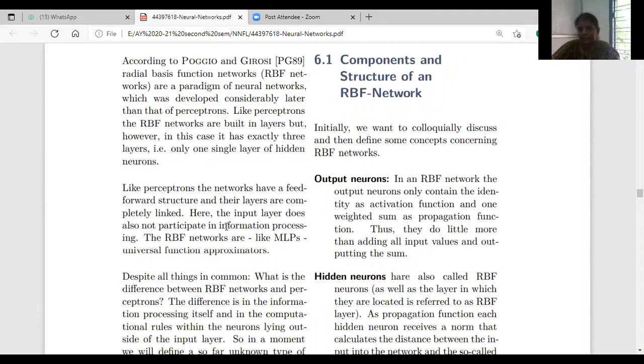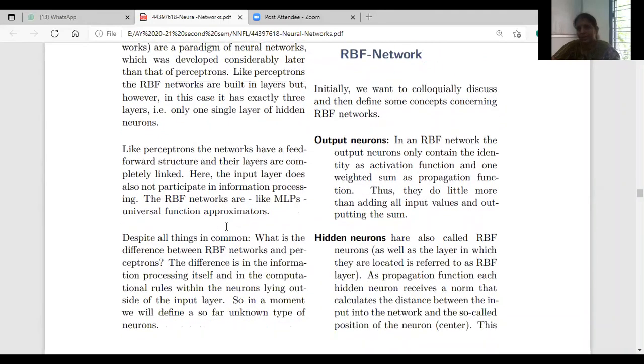What are the main components and structure of an RBF network? RBF network output neurons contain only identity as activation function and weighted sum as propagation function.